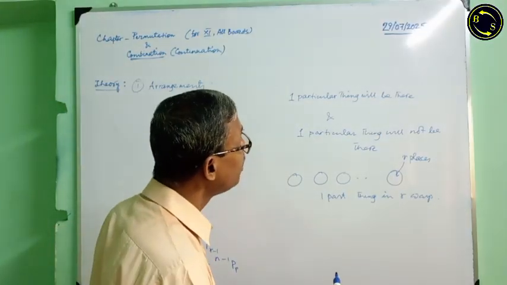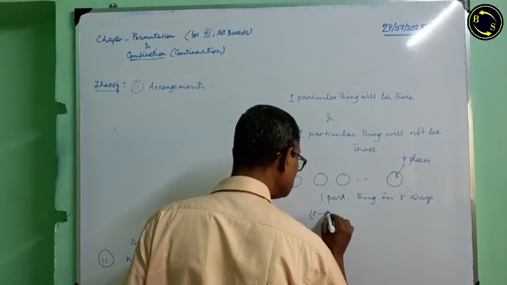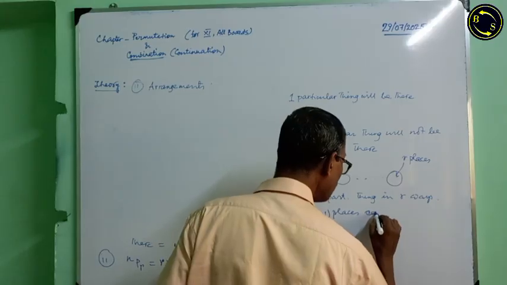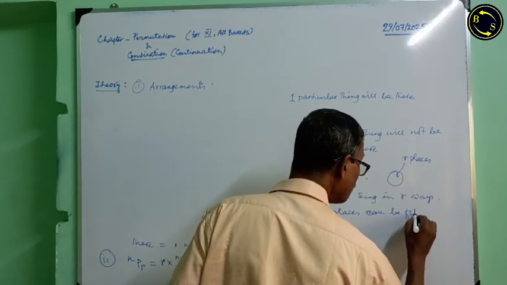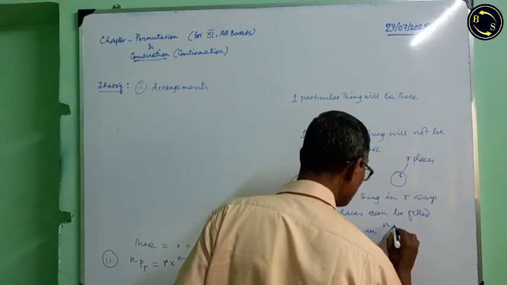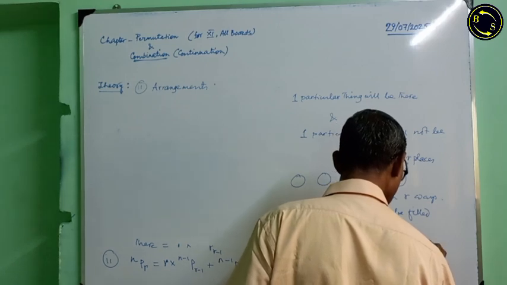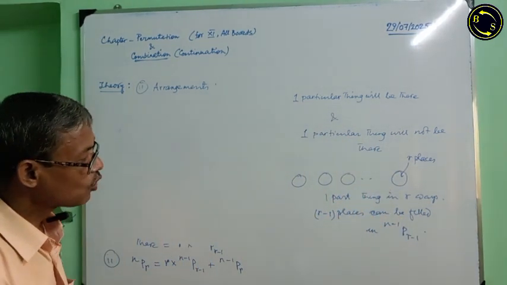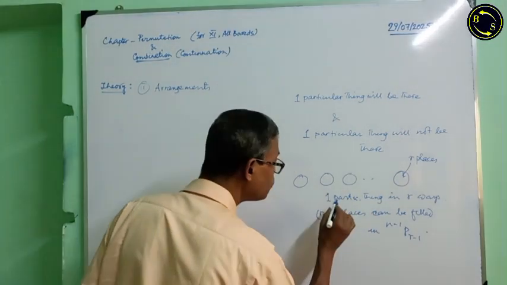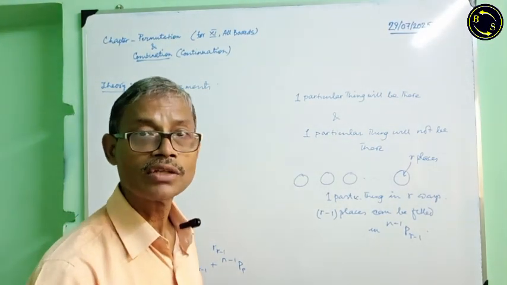Now the remaining places are r minus 1, as already we have used the particular thing, that means number of things remaining is n minus 1.